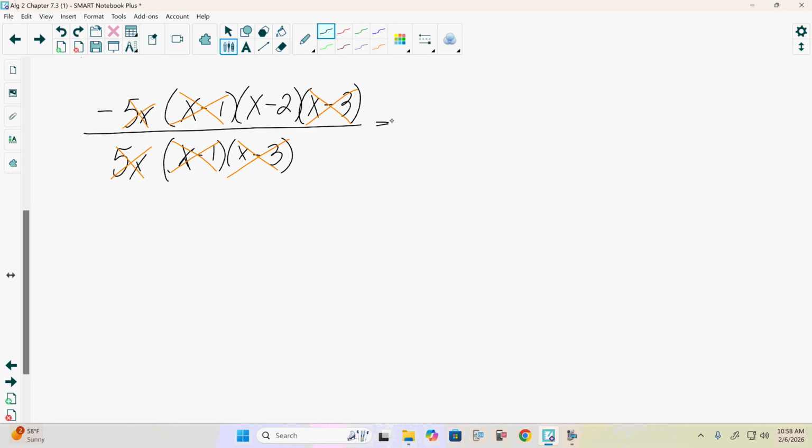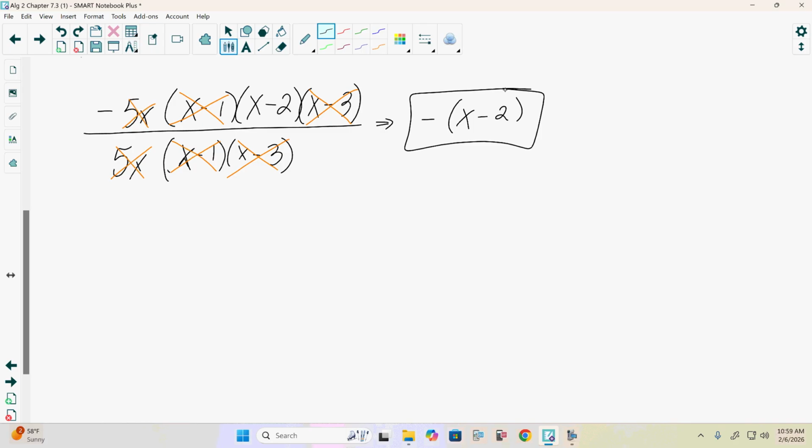And that tells us that on top, it would indeed leave the negative, because we're simplifying the 5x and 5x, not negative 5x. Now the negative would simplify if on bottom we also had negative 5x, or had a negative down there. So the only thing we have left is negative, parentheses, x minus 2, close parentheses.